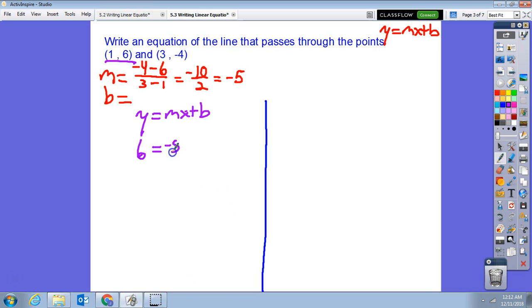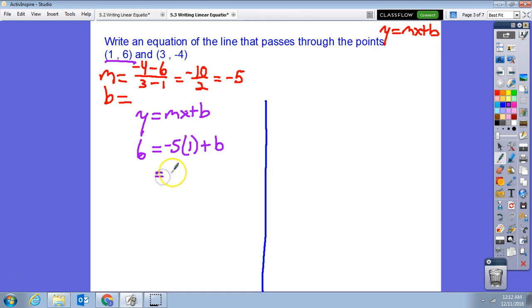My slope is negative 5. My x value is 1. And I do not know what b is. So I use this equation to figure it out. Guys, this is an essential skill in math, being able to plug in what you know to find what you don't know.